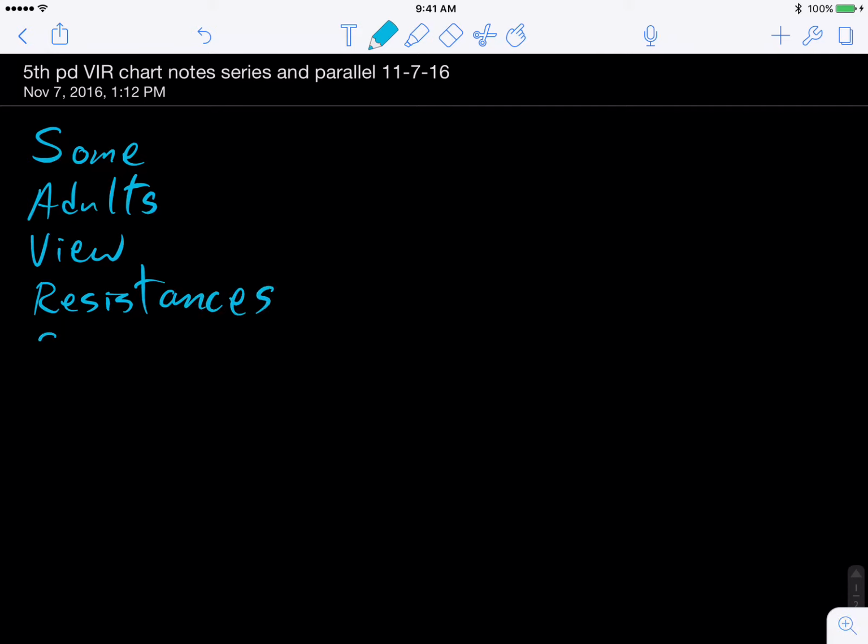So the first thing you need to know, you kind of need to memorize some rules in the way that voltages, resistances, and currents work when you wire resistors in series. And so we have this statement: Some adults view resistances so carelessly.